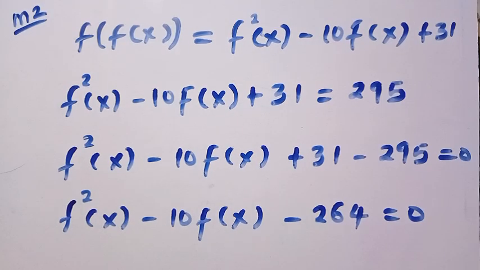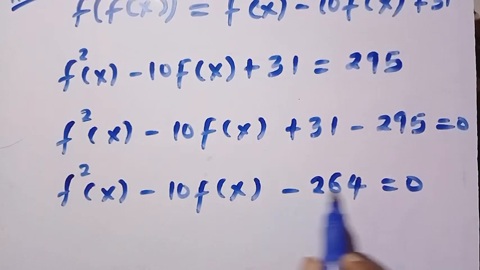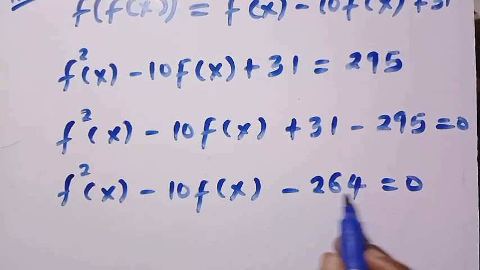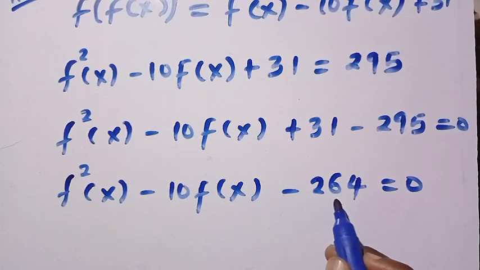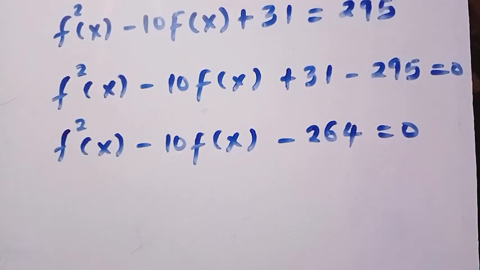So 264 is a number that is very big, but let's see what we can do to this. If we multiply 12 and 22 together, we get 264. Then what we just do is apply the factorization method because it is factorizable.